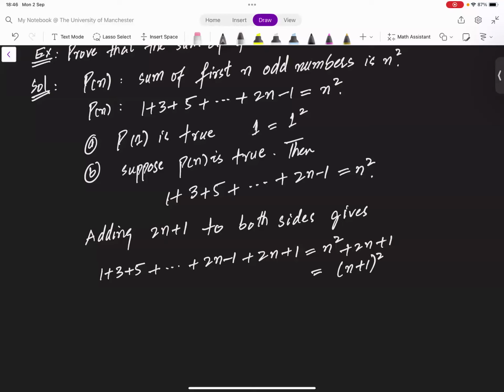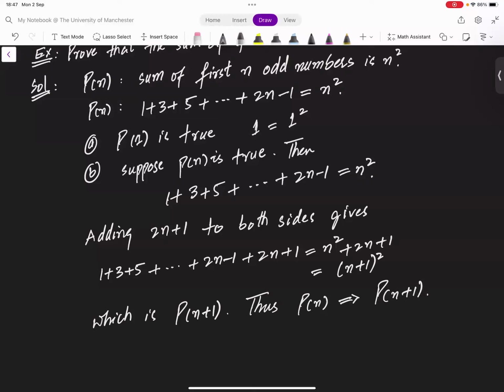If you just keep it the same, which is the statement P of n plus 1. Thus, P of n implies P of n plus 1.